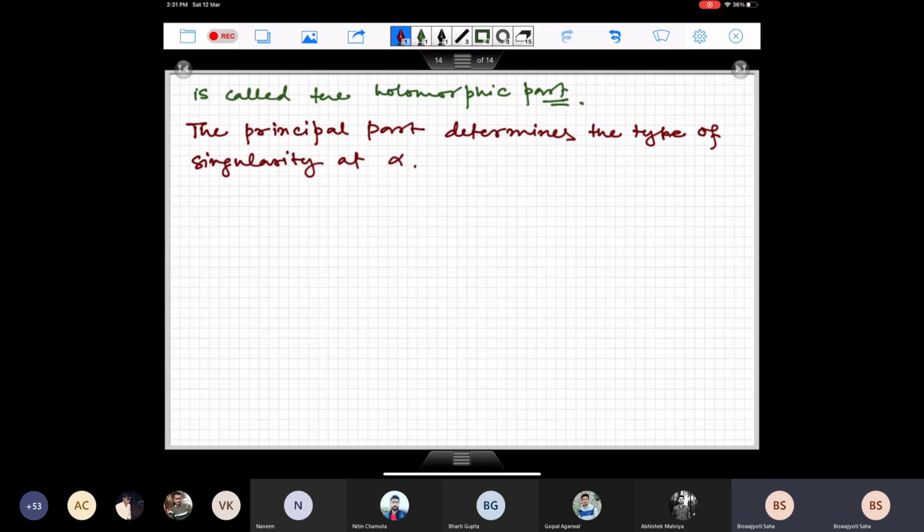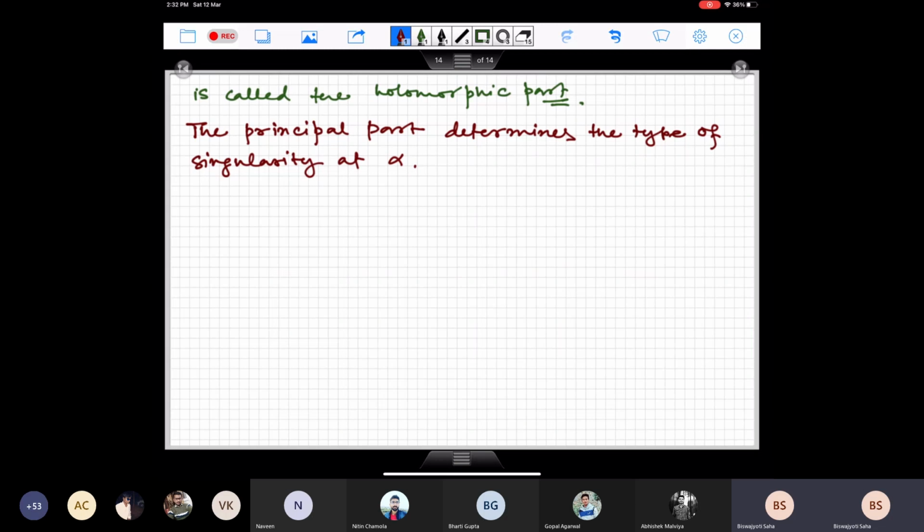If I have a removable singularity, that actually is not a singularity, since just by changing the value assigned at alpha, we can make our function holomorphic. Once the function is holomorphic in the whole ball, it has a power series expansion, and also a Laurent expansion. So the principal part in the case of a removable singularity will be identically zero.